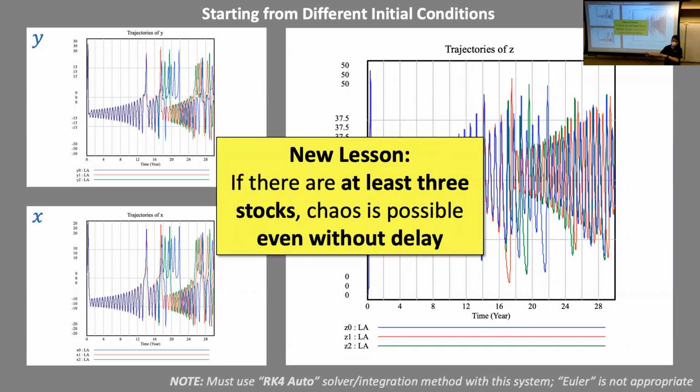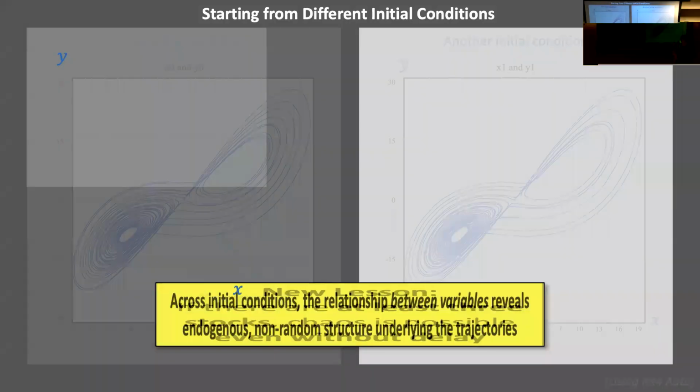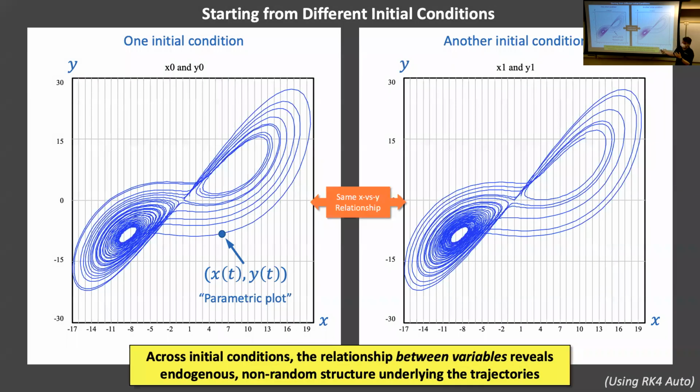Hopefully you don't have chaos in your system, and you don't actually need to get the initial conditions right. You just set them to something plausible, and then you let the system run, and a steady state is all you really care about. And that steady state will be the same regardless of initial conditions. In these systems, that won't be the case. So that's a lesson here. If there are 3 stocks, you can get chaos.